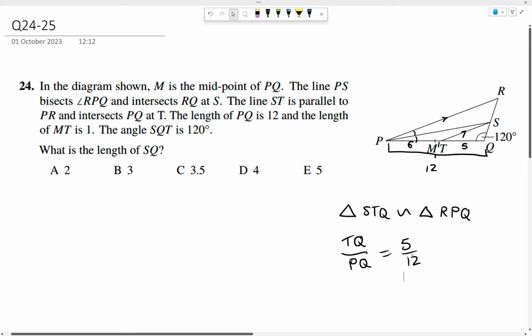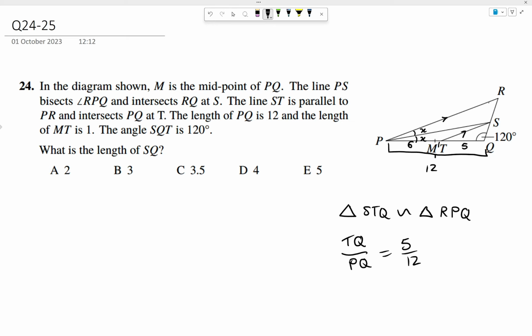So that means if we can find out the length of RQ, that would be helpful. So at the moment, I'm not sure exactly how I'm going to progress through this question. So one thing I might do is try and find some angles. So I'm going to label this one X and this one X because they're equal, since we got told that they've been bisected.